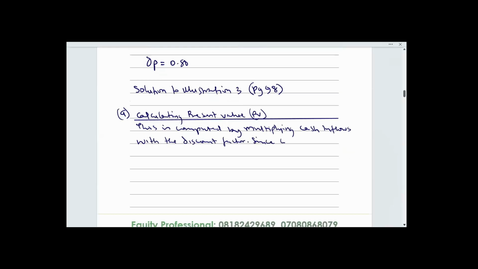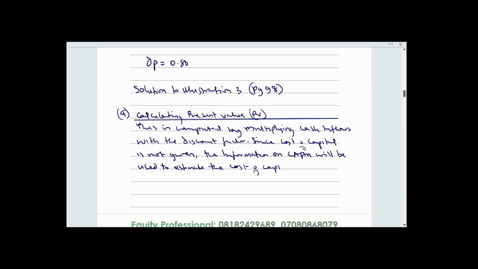Since cost of capital is not given, the information on CAPM will be used to estimate the rate of return as shown below.